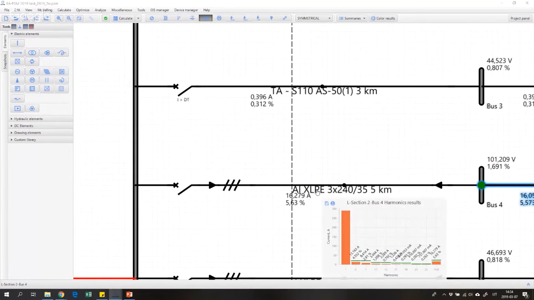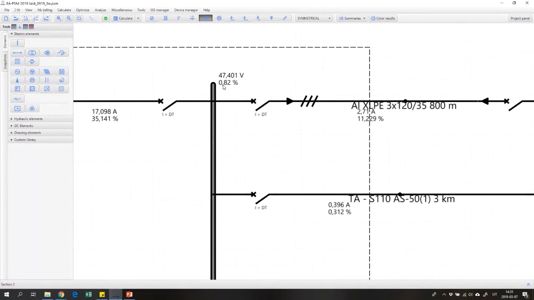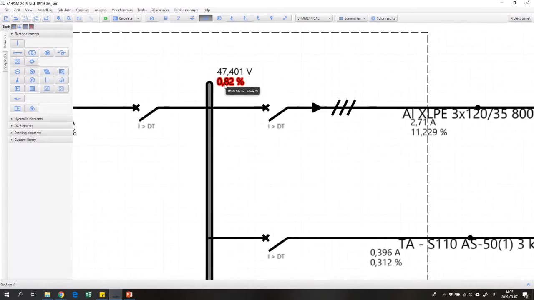And if I put my mouse cursor on the cable itself, I can see that none of the harmonics exceed the permissible limit. All the horizontal lines are now green. And if I go to voltage harmonic distortion in substation buses, I can see that it is only 0.8%.